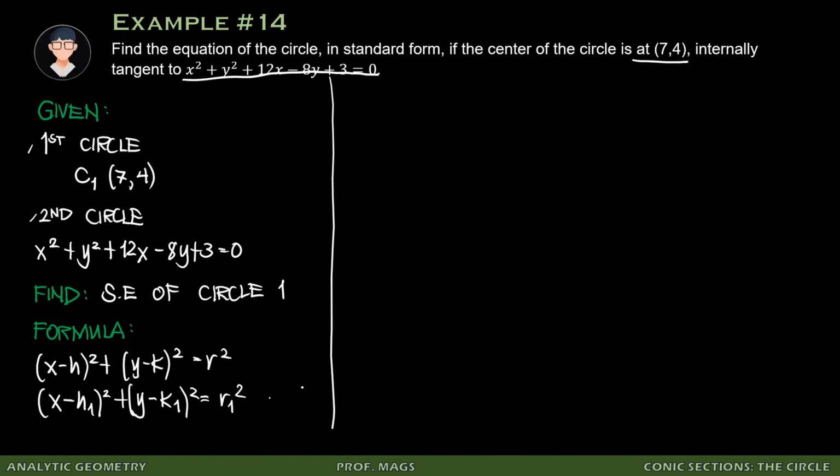This is for the first circle. For circle number 2, the formula is (x minus h sub 2) squared plus (y minus k sub 2) squared is equal to r sub 2 squared. Okay? Now going to proceed to our solution.